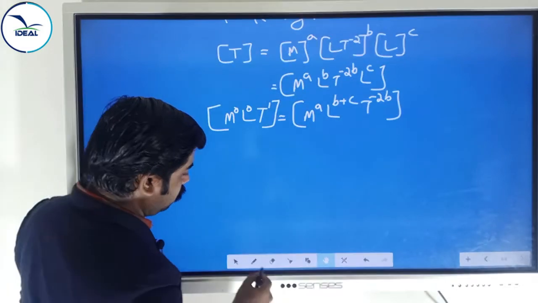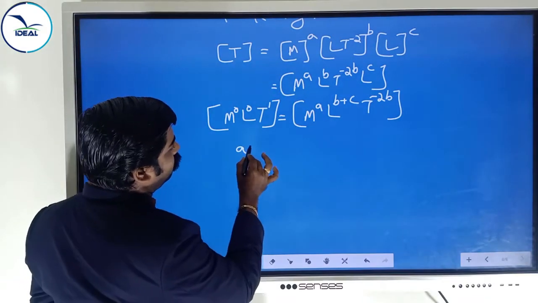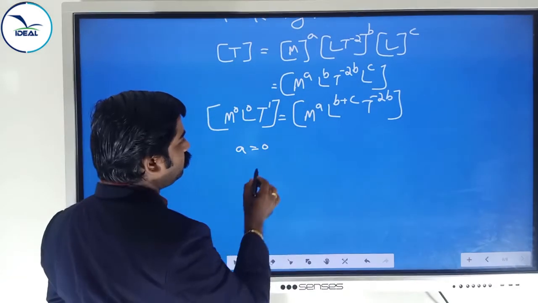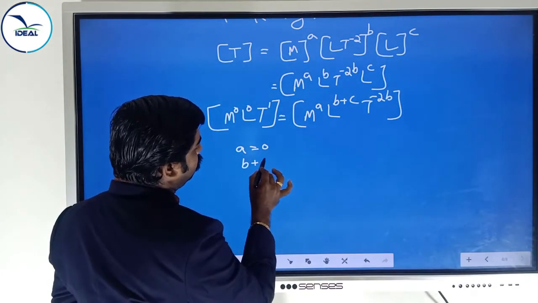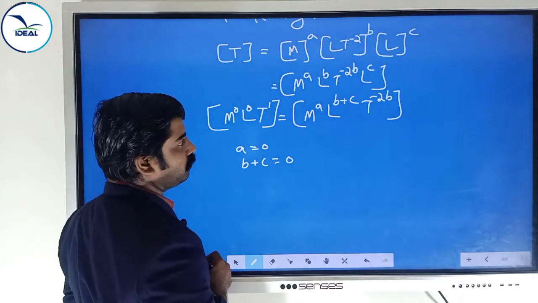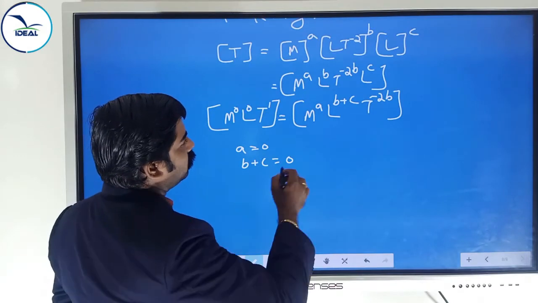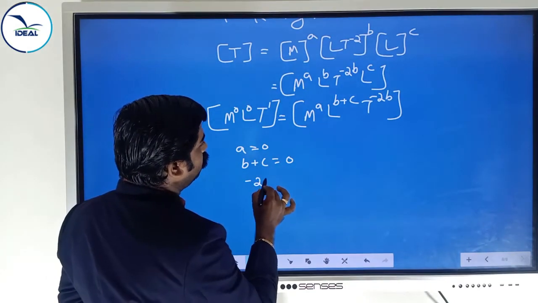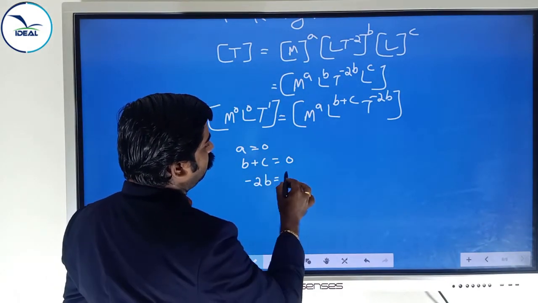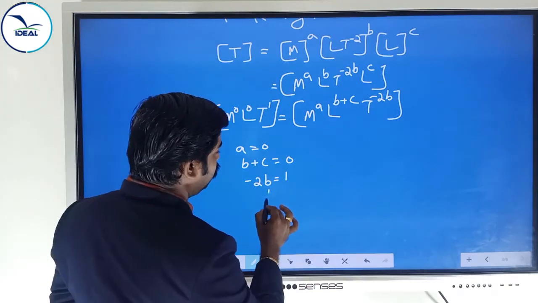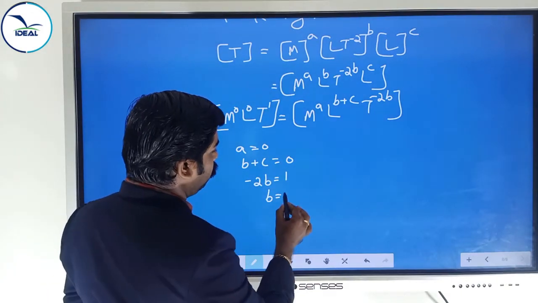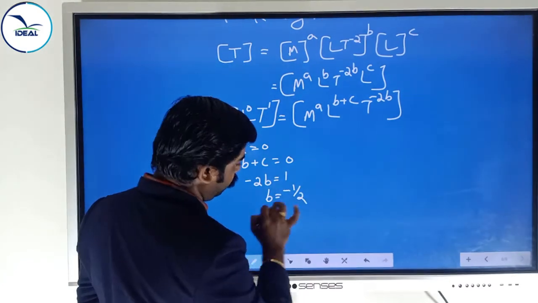From this we will get a equal to 0, b plus c equal to 0, and minus 2b equal to 1. So b equals minus 1 by 2.